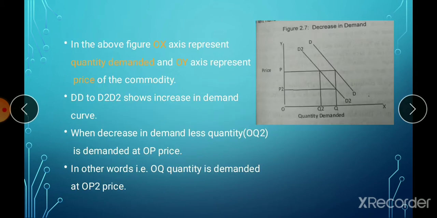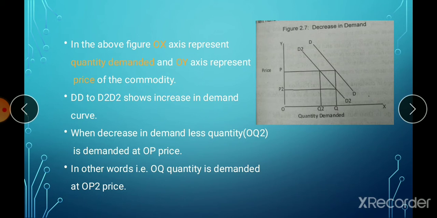Let us explain with the help of a graphical representation. The OX axis represents quantity demanded and the OY axis represents price. A decrease in demand is depicted by a shift in the demand curve from DD to D2. When there is a decrease in demand, less quantity is demanded at the OP price level.